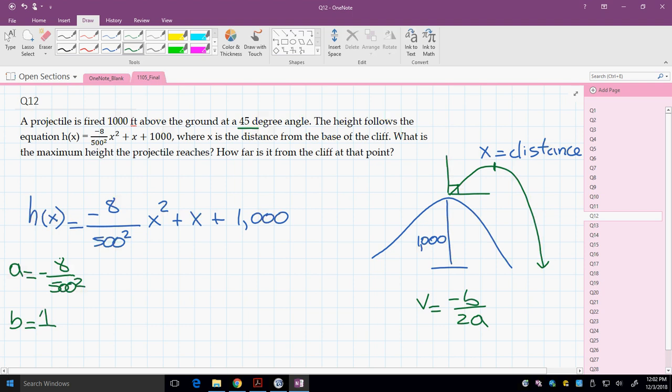So we need to plug those numbers into the vertex equation. So it's going to be negative times negative, which is going to be a positive, so it's going to be 1 over, it's 2 times.